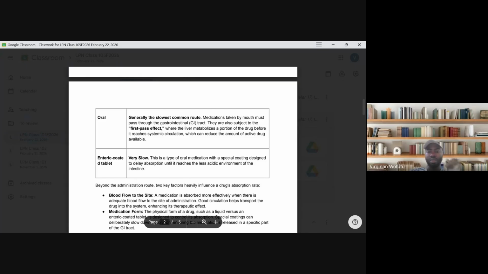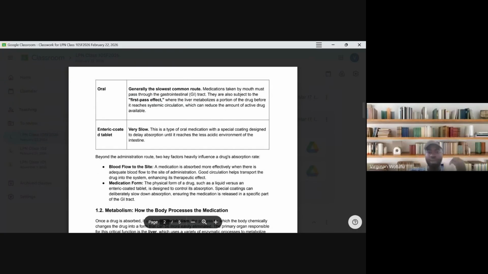And in your intestines, you have the highly vascularized villi or microvilli. So the drug is easily absorbed from the intestine and transported to its target organs. The availability of blood flow is very important in drug absorption.